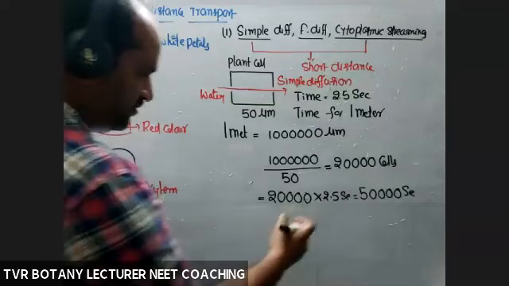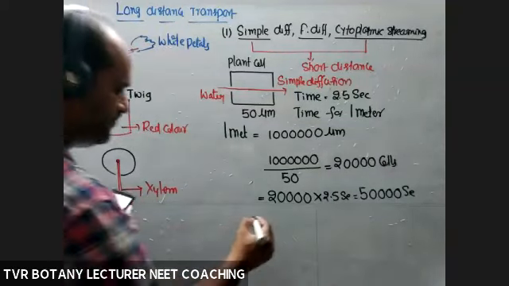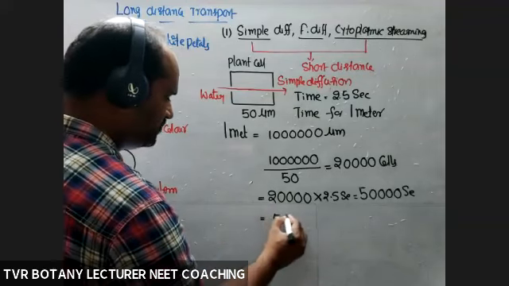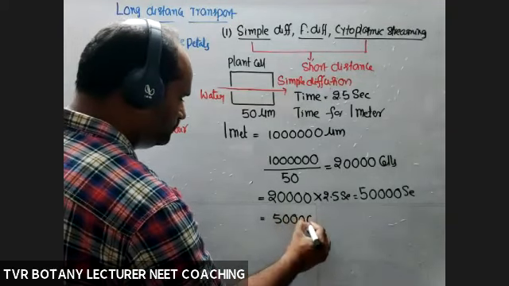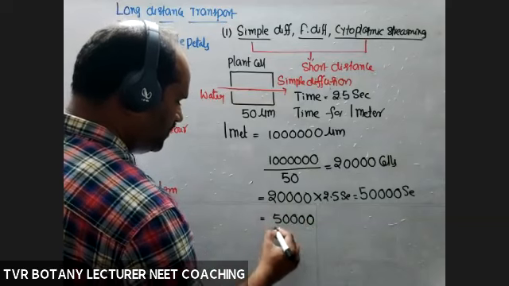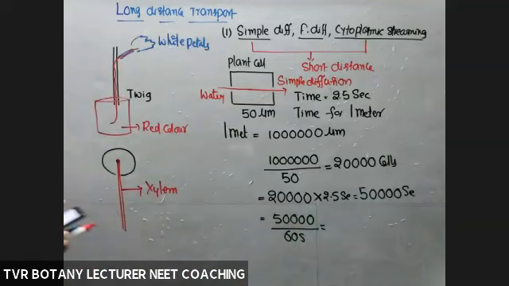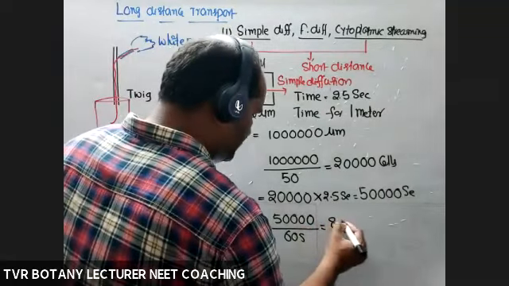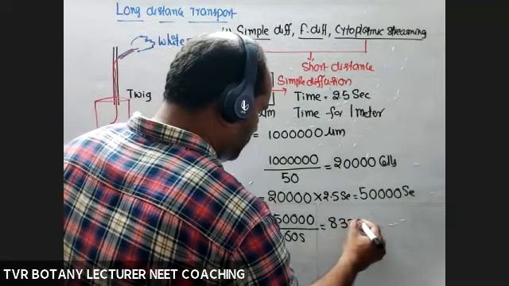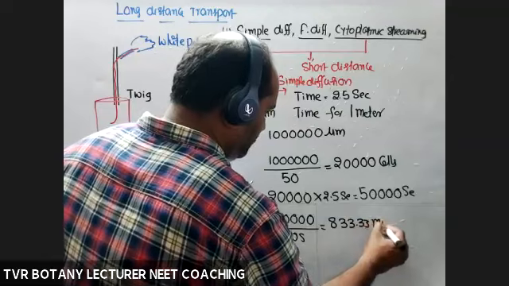And change that 50,000 seconds into minutes. So 50,000 by 60 seconds, we'll get the minutes. Convert that into minutes. How many minutes? 833.33 minutes.